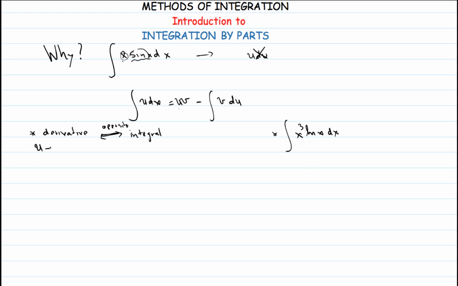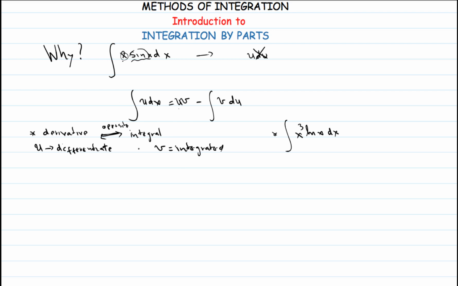Our u is what you're going to differentiate, and our v is what is integrated. So this is how we make our variables. You have u and v, which are functions in this case, one for differentiation and one for integration.